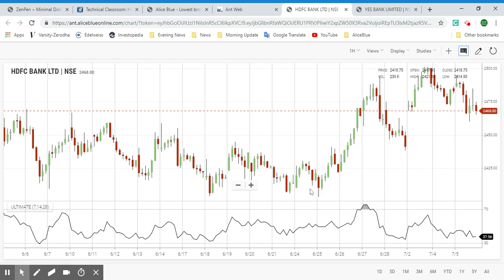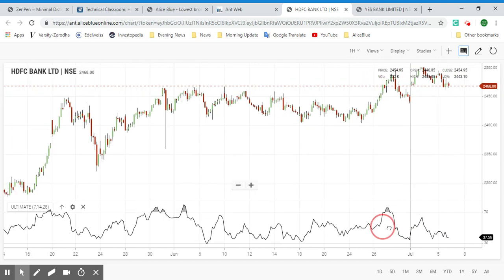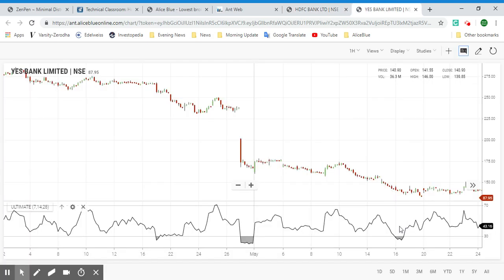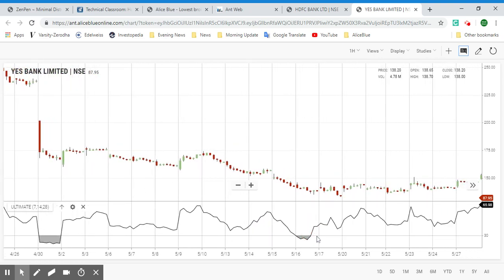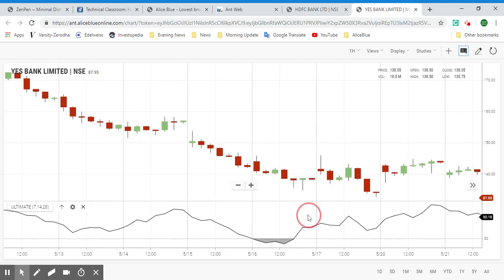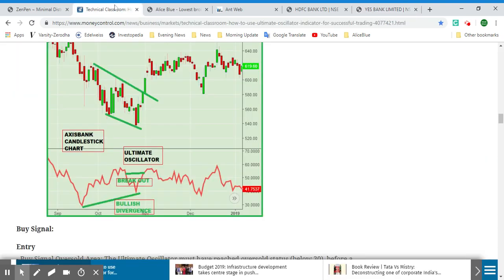It's a higher low. This is a bullish divergence. So let's look for that here. Here is one of the divergences. As you can see, it's quite small. Here it has crossed the oversold levels, and as you can see, the candlestick chart has made a new low, but the ultimate oscillator's low is a little bit higher.